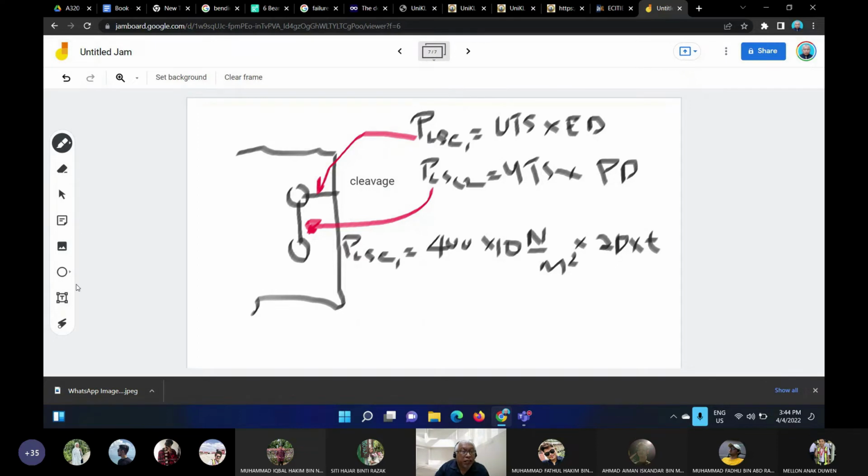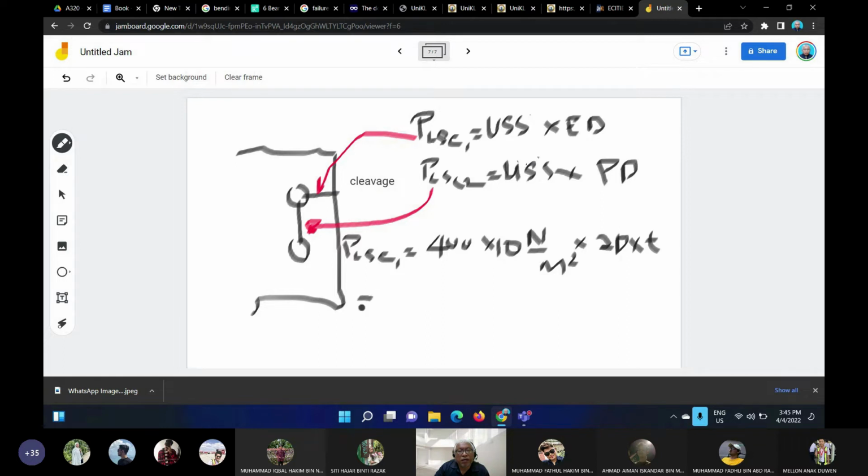Sorry, a correction here. It is the ultimate shear strength.